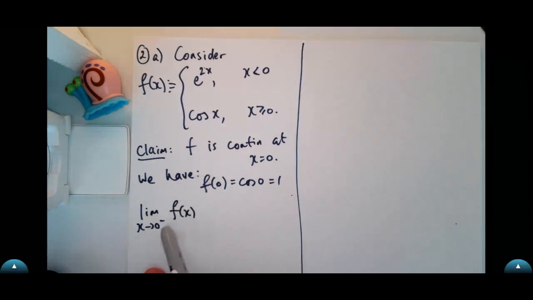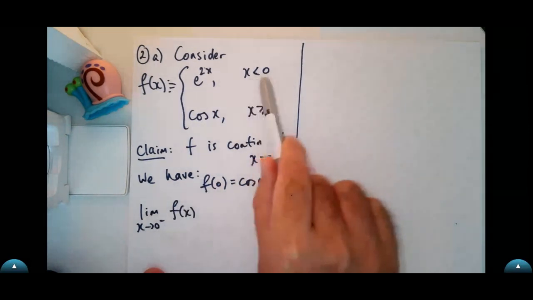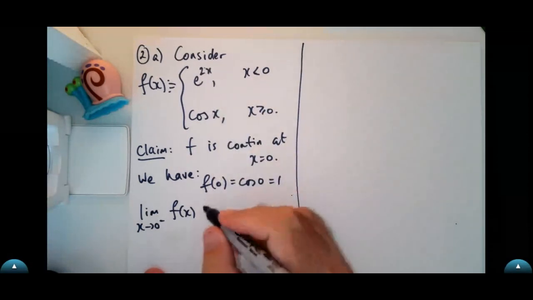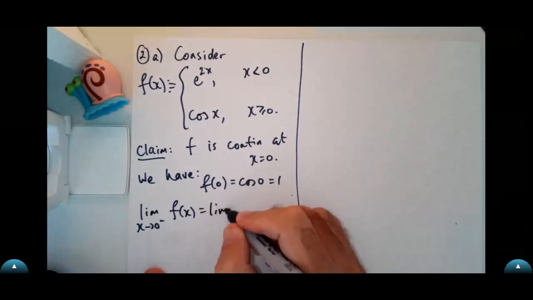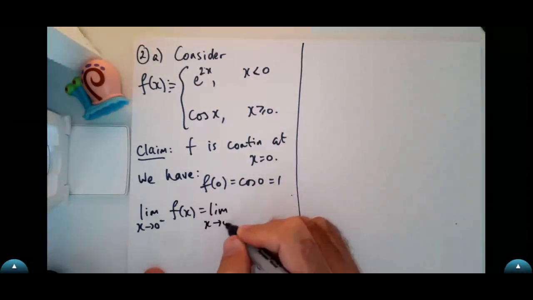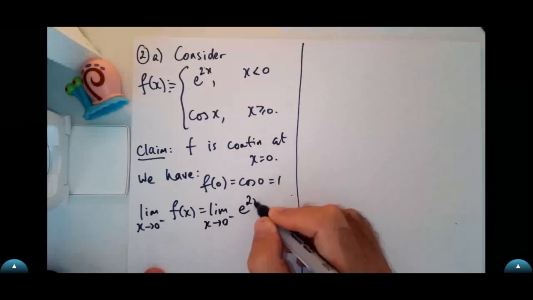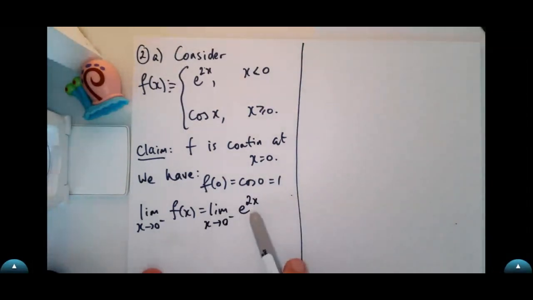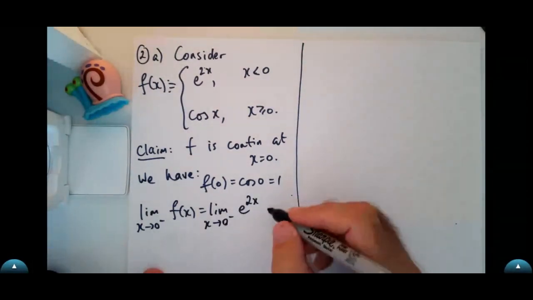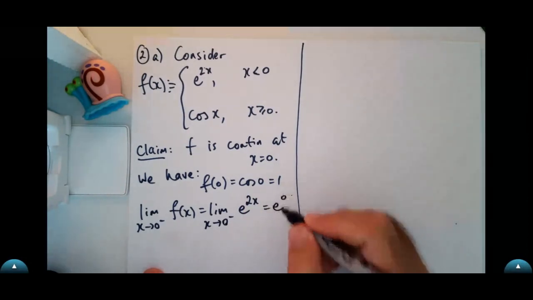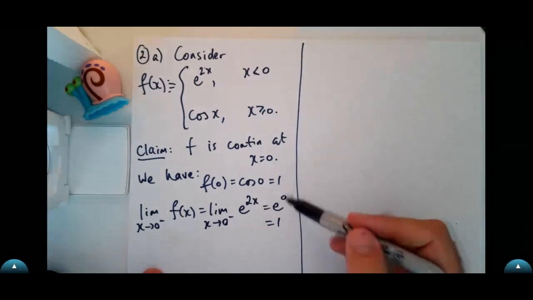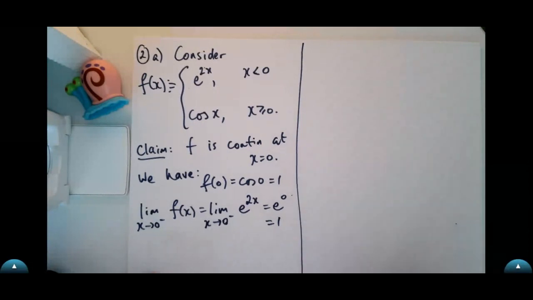So as we come in from the left, that means x is less than 0. So it's this function here. And because this is a nice friendly function, we can just put in 0. So that and that are the same. So that's looking good.